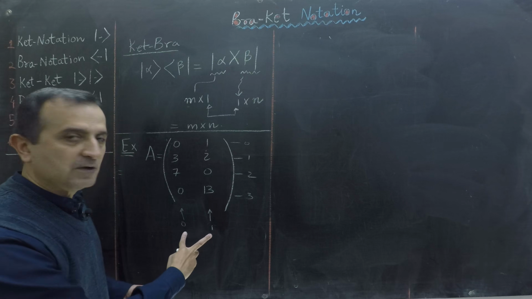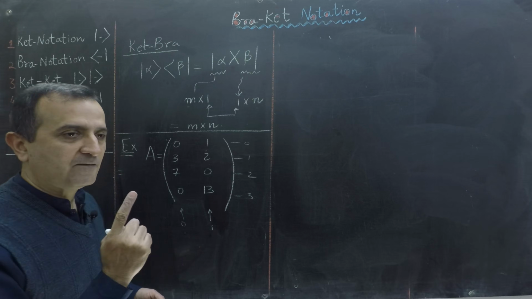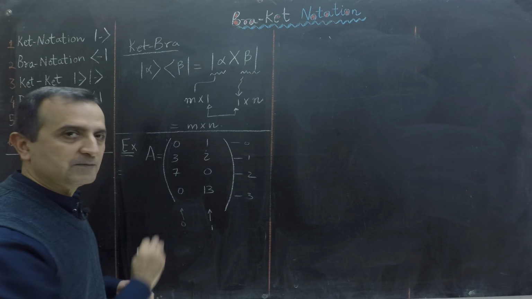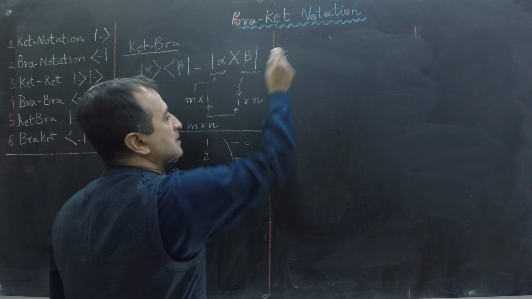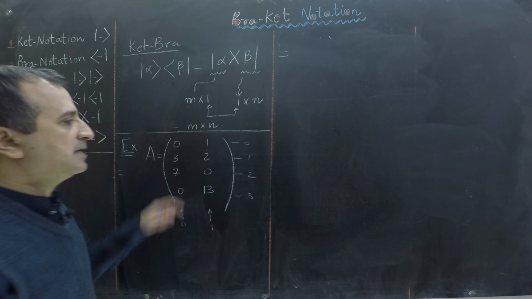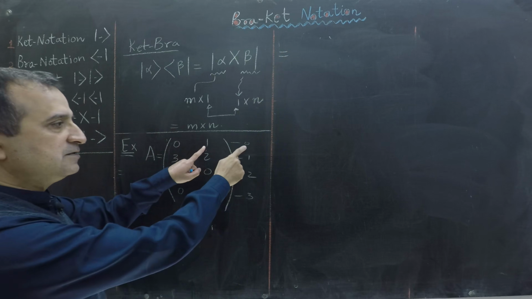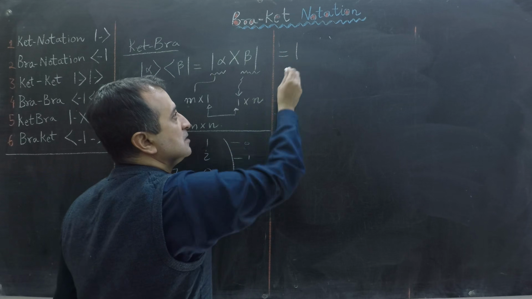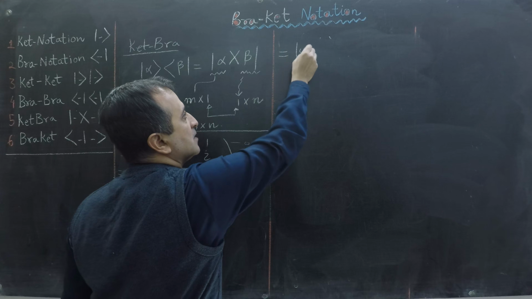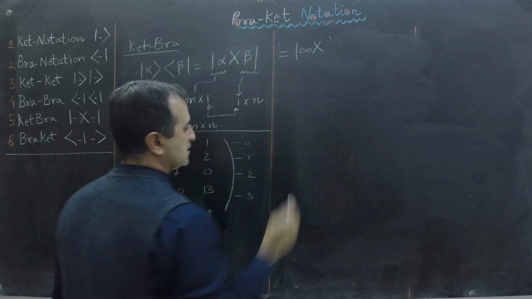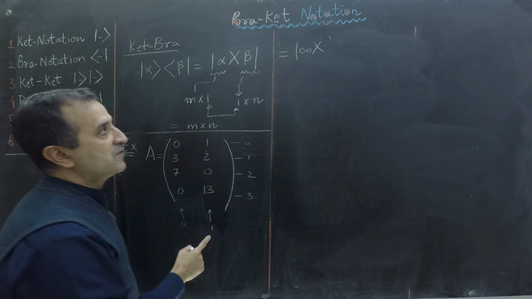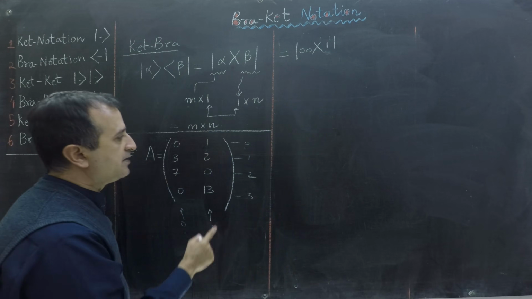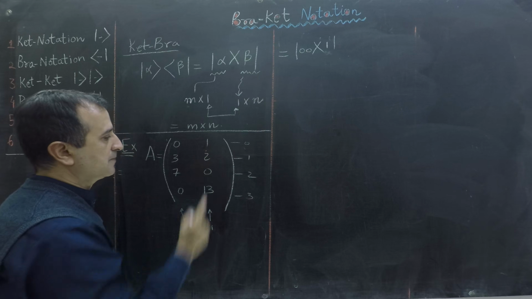Because I have 2 columns, I need 1 digit to express my columns. This 1 is at the 0th row and first column. So I express my rows using 2 digits, so I will write 0, 0. And I express my columns using 1 digit.